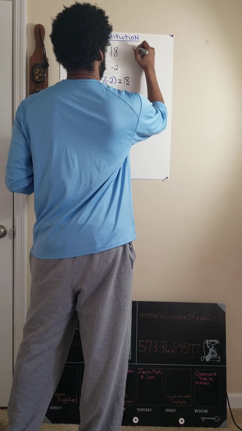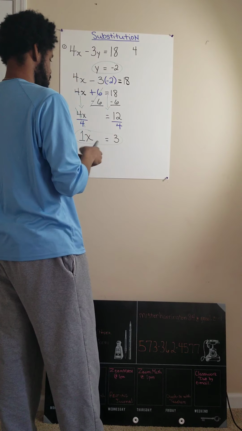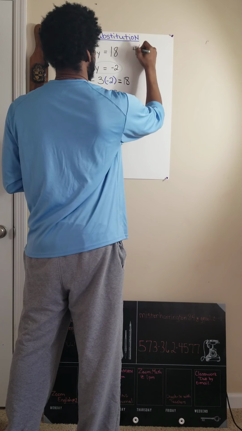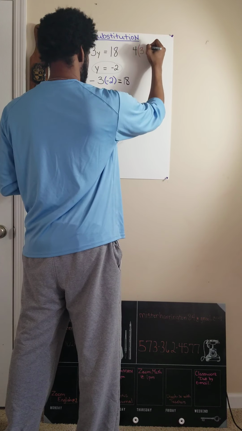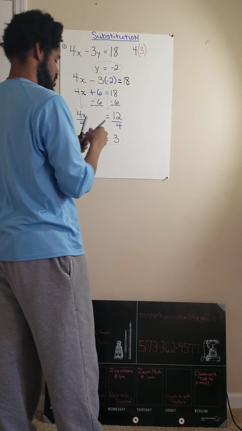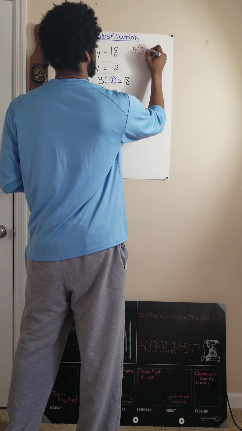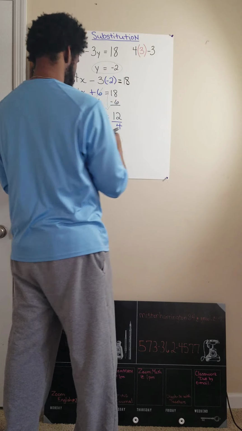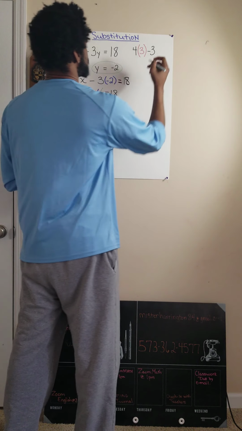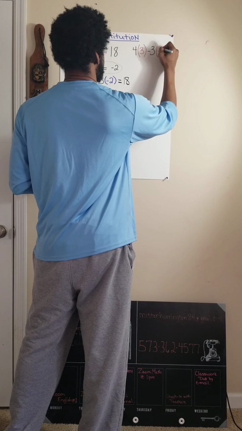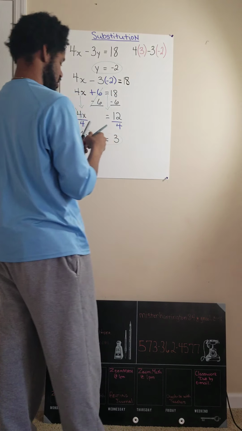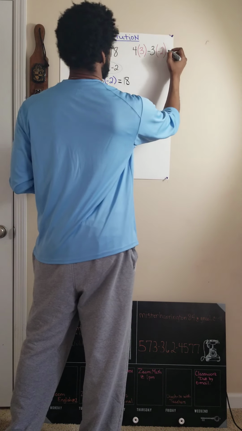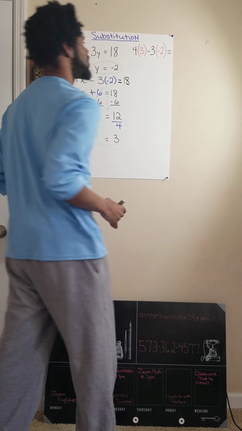So I have 4 times 3, because that's what my x was, minus 3 times -2, and that all should equal 18.